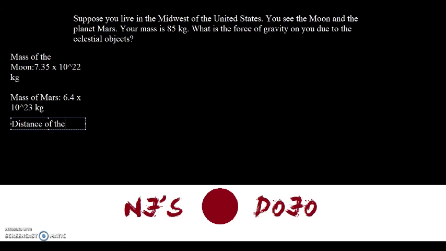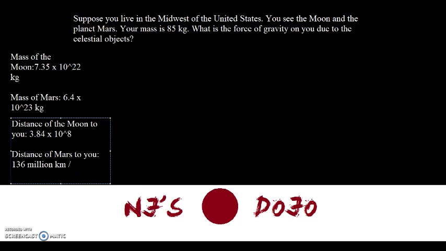So the distance of the moon to you is equal to 3.84 times 10 to the power of 8 meters, and the distance of Mars to you is 136 million kilometers, or we can simply write it down as 1.36 multiplied by 10 to the power of 11 meters.